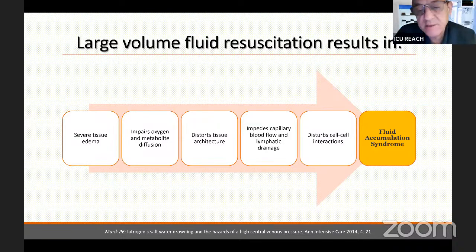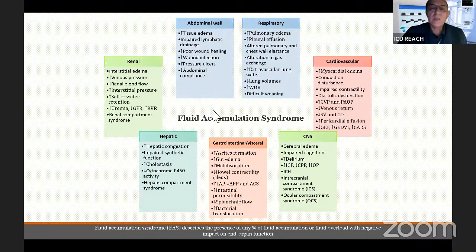This syndrome is characterized by increased edema, and the impact would be on all organs of the body, but mainly the encapsulated organs such as the kidneys, the liver, and the brain. In the kidneys, we're going to have increased interstitial edema, increased venous pressure that will impede the renal blood flow and increase interstitial pressure, leading to decreased GFR and renal compartment syndrome.